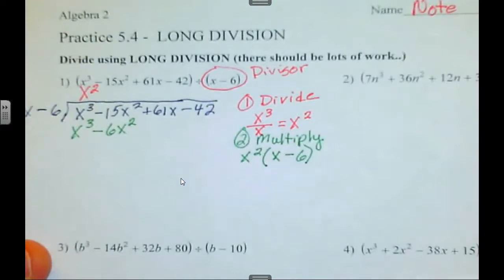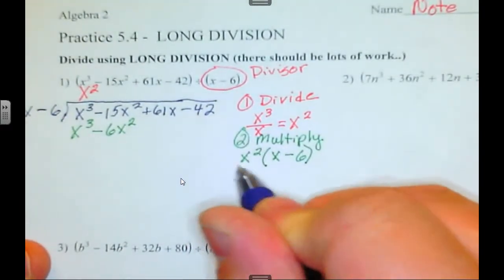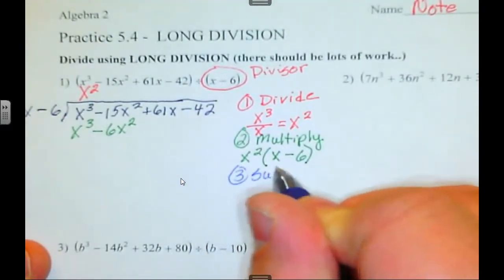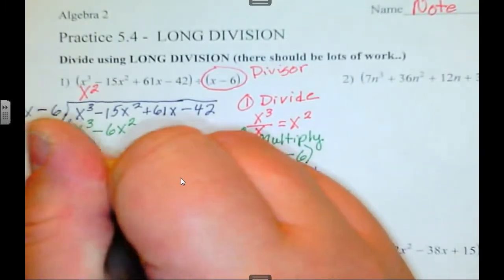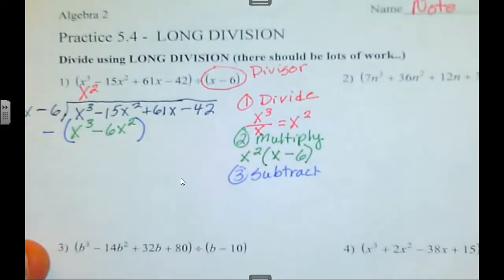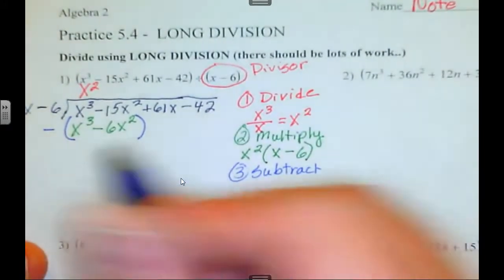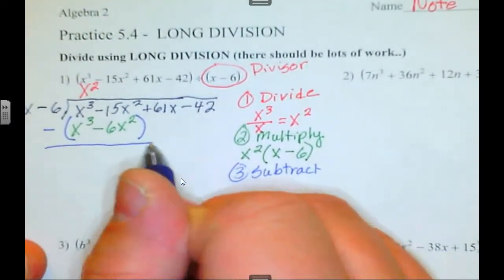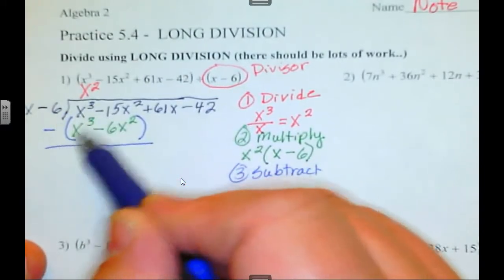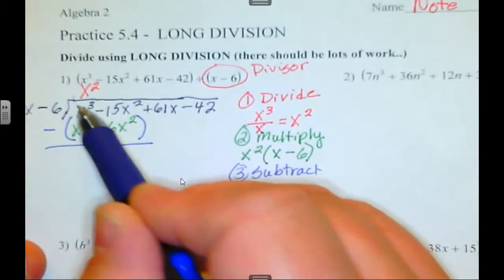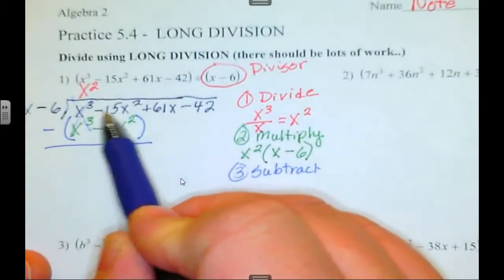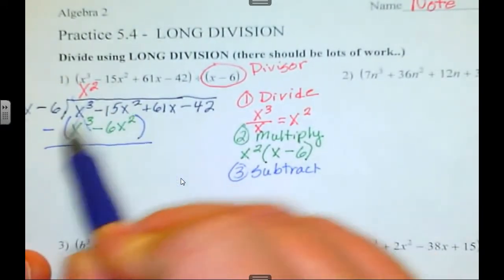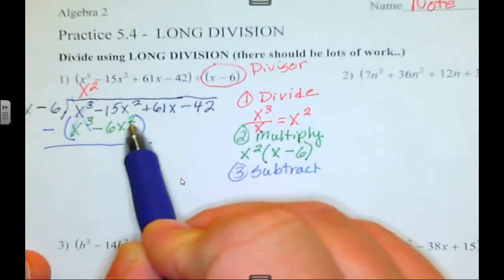Now, the third step is subtract. I'm going to subtract the quantity x cubed minus 6x squared. X cubed minus x cubed, you want the first terms to cancel out. Negative 15x squared minus a minus 6x squared.